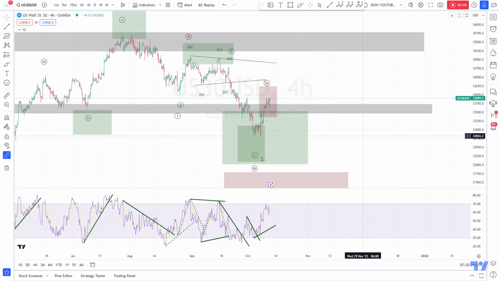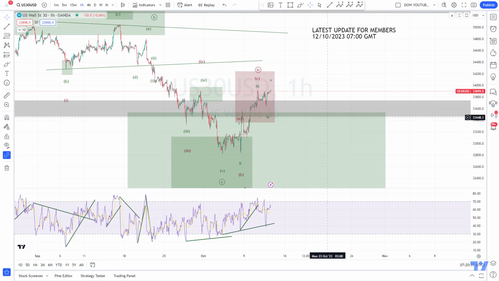So these are the two scenarios, and with additional data we got right now, I start to believe that this here becomes an impulse as indicated in green. So that would invalidate here the wave 4 and the ABC scenario.